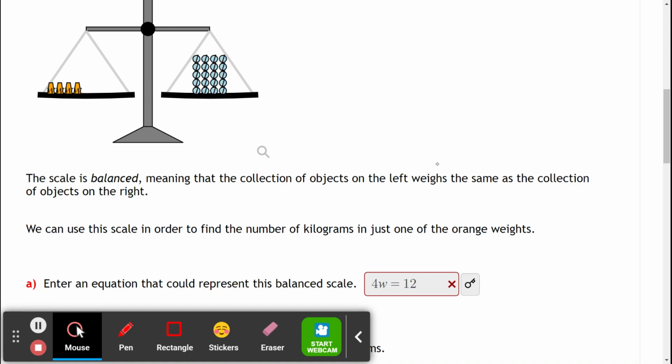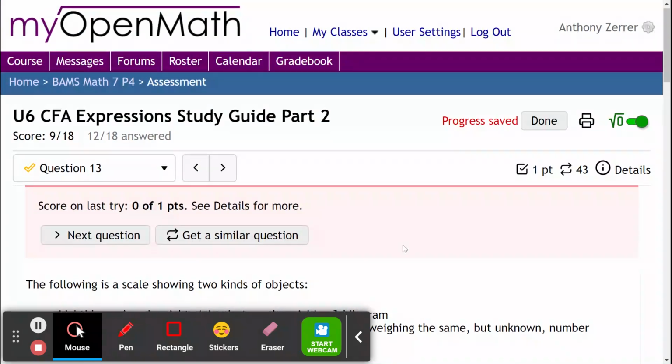There's 4 times 5. There's 20. See, notice what I did. I got it wrong, but I calmed down and figured out what my mistake was. I did 4 times 3, not 4 times 5. 4W equals 20. Yep. Oh, well, that's fine.